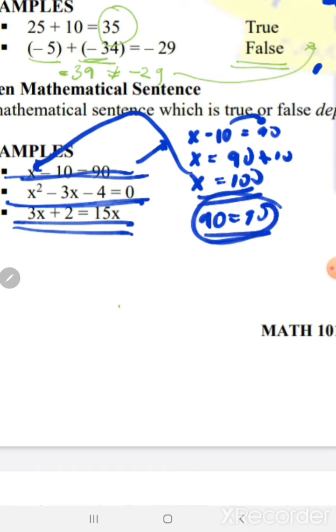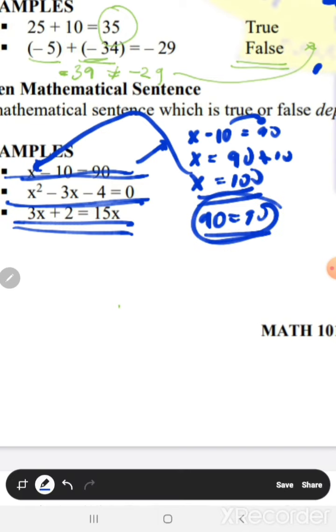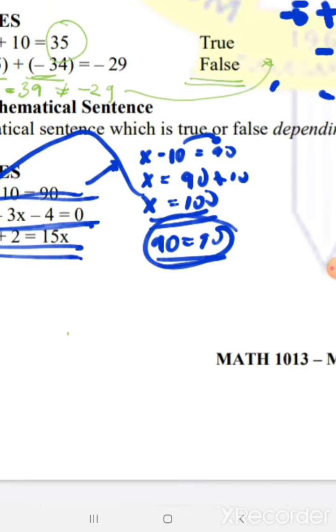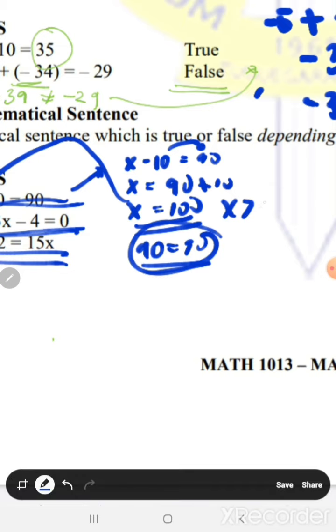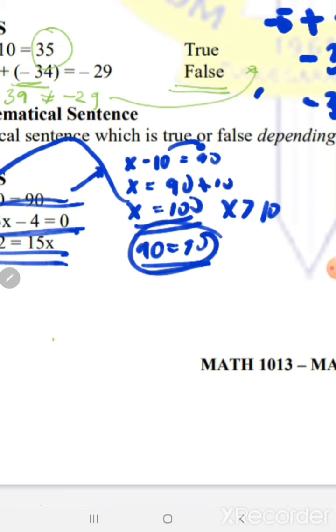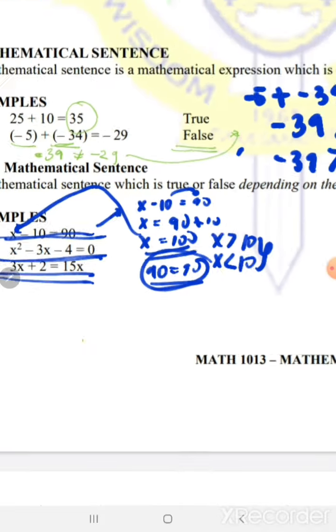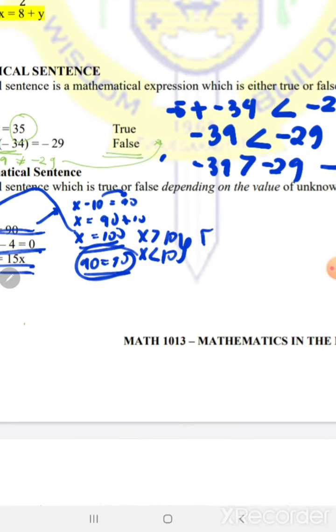Tama ba? It would make the equation true. What would make your equation false? If your x is greater than 100, or x is less than 100, therefore this would make the equation false.